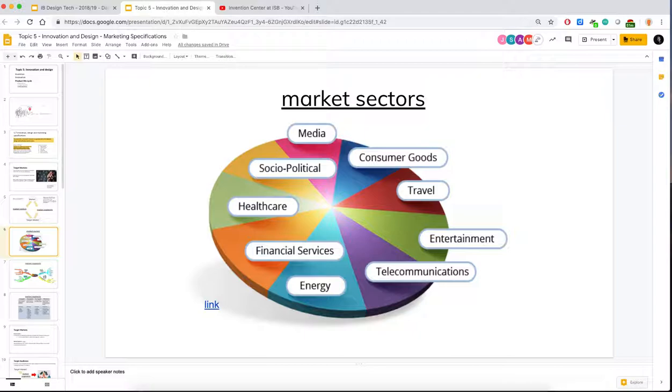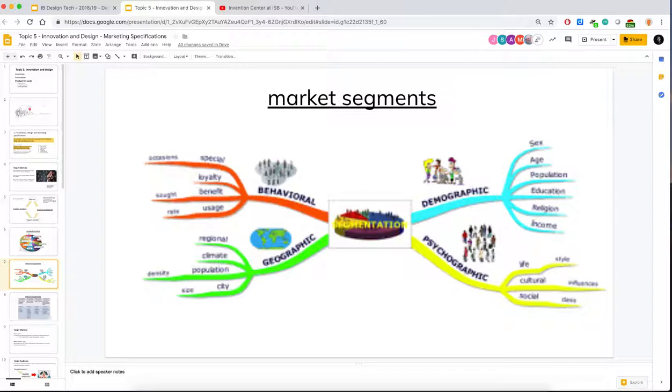So market sectors. Within this market, you have all of these different types of sectors: consumer goods, travel, entertainment, energy, healthcare, finance, media. There are all these different sectors that you can sell your product to. Does that kind of make sense? Then within those different sectors, you have segments.